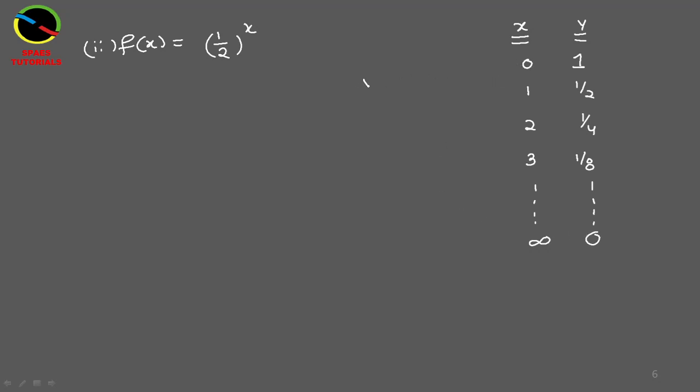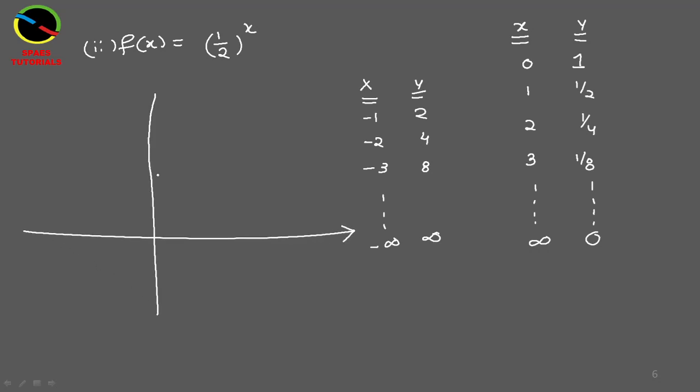These are the positive values. Let us see something from negative values. X minus 1, it is going to become 1 by 2 power minus 1, nothing but 2. X minus 2, it is going to become 4. Minus 3, 8. If you extend till minus infinity, it is going to become infinity. So how does this graph look?